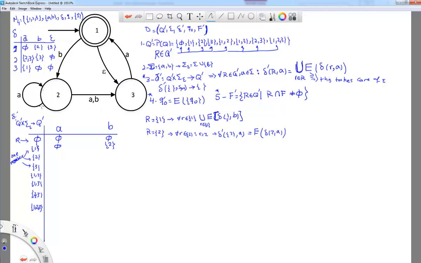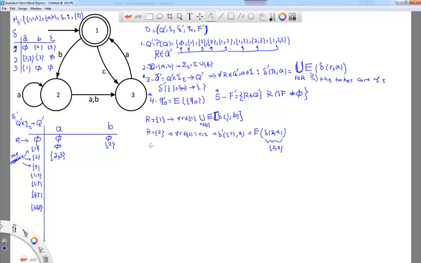So if you are in state 2 with A, you are going to stay in 2 or 3. So here you're going to be in 2 and 3, and none of those have any epsilon transitions that go out to any additional states. So state 2 with A goes to state 2, 3.